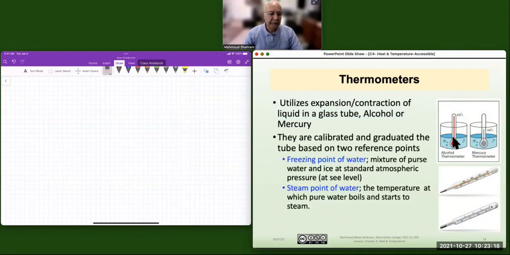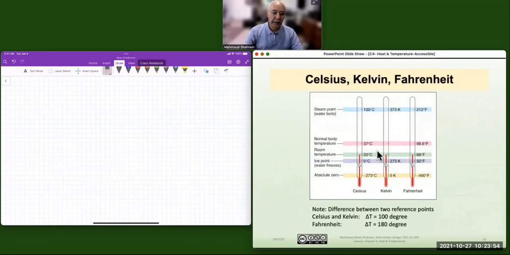Of course, there are different types of thermometer. You have the alcohol thermometer, and the mercury thermometer that you use to measure the temperature of your body. How do we use this? Well, we use two reference points. One is the freezing point of water, and the other is the boiling point of water when it starts steaming. We use those two points as reference points to make a thermometer.